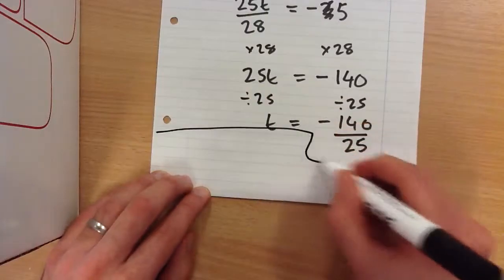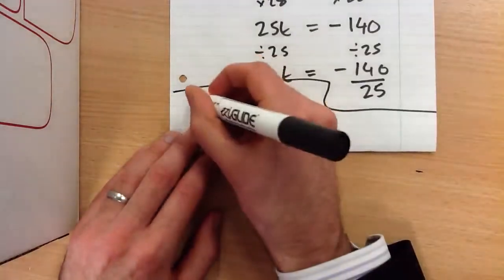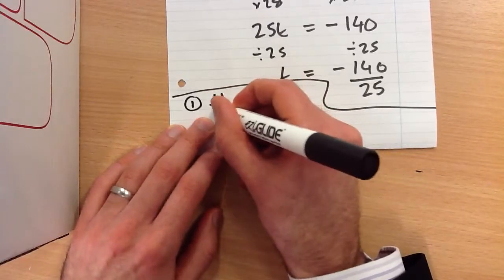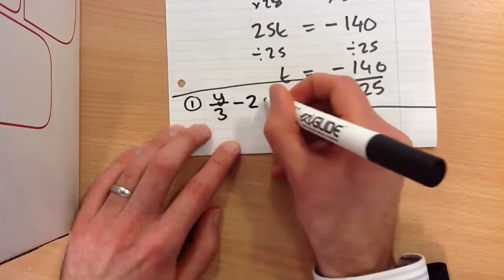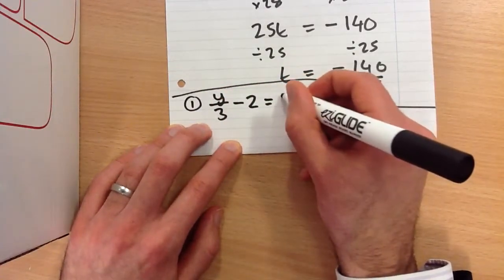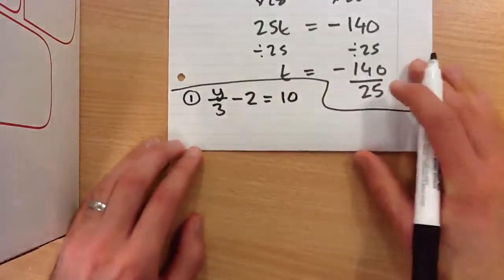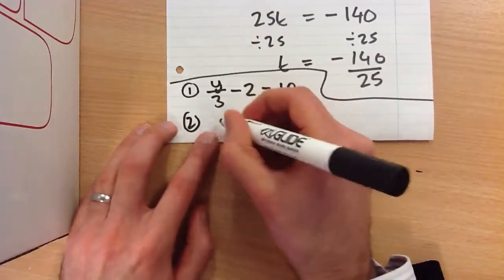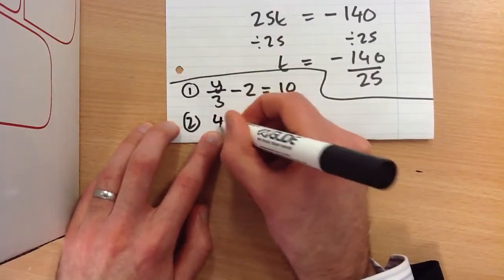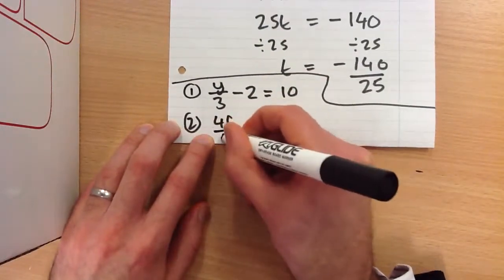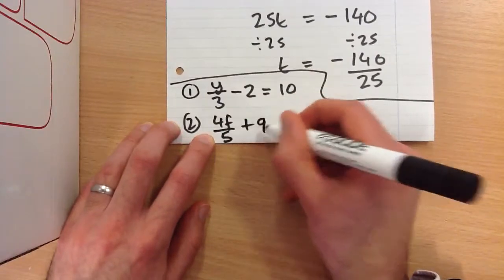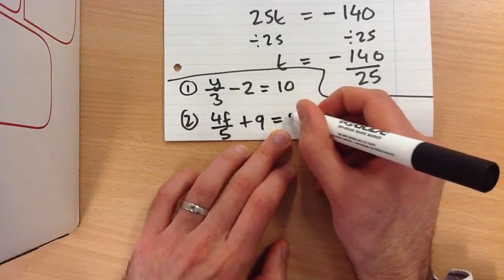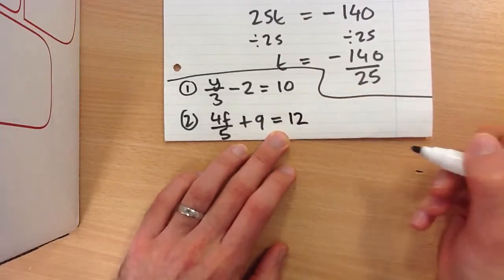Some questions for you to do. First of all, I'd like you to solve for me y divided by 3 minus 2 equals 10. Secondly, I want you to solve for me 4f divided by 5 add 9 equals 12.